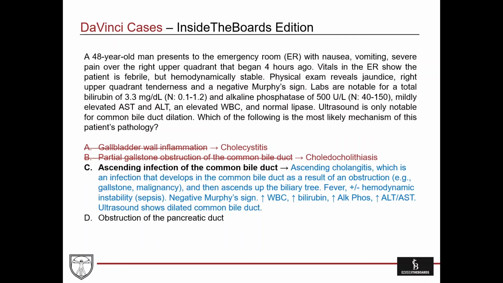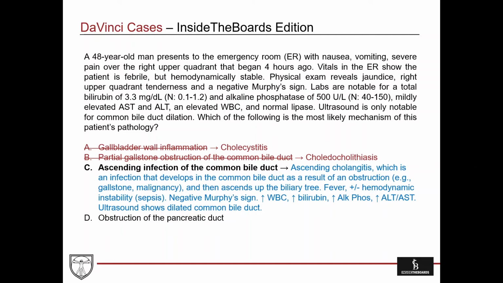All right, so then moving on to C, which was our correct answer, ascending infection of the common bile duct, which medically is termed ascending cholangitis. So this would be, I think, best understood as the consequence of a garden variety choledocholithiasis that creates that stasis of bile and leads to an infection.